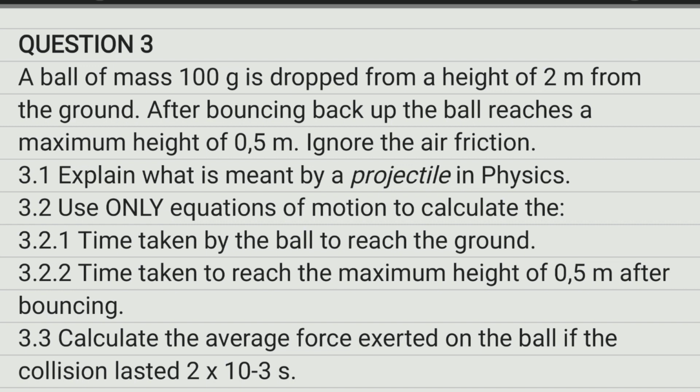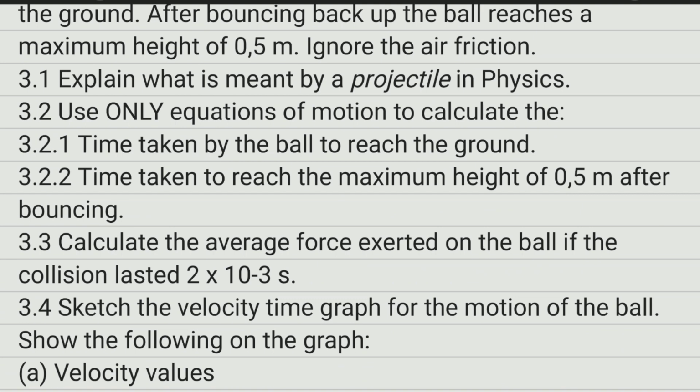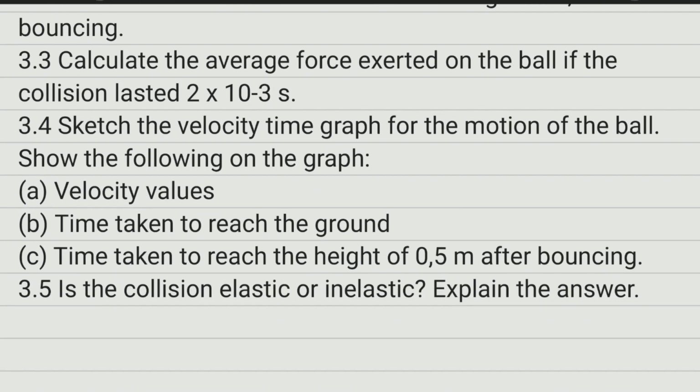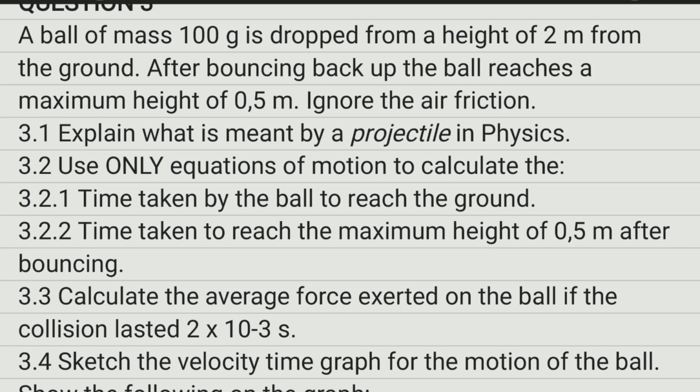Use only equation of motion to calculate the time taken by the ball to reach the ground and time taken to reach the maximum height of 0.5 meter after bouncing. Calculate the average force exerted on the ball if the collision lasted 2 times 10 to the minus 3 seconds and sketch a velocity time graph. And there is something you have to sketch. Is the collision elastic or inelastic? And explain the answer. So we're going to start answering this one, and the first one is a projectile.